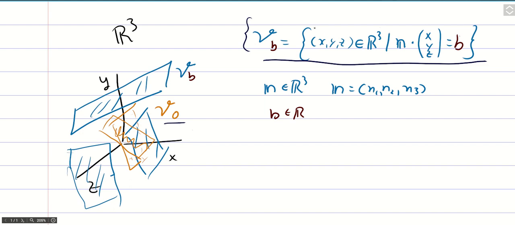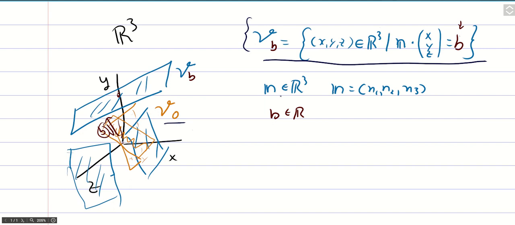So a plane with a characteristic number b, where b is not directly the distance, but is related to the distance between the plane and the origin. That means that b corresponds to a translation.